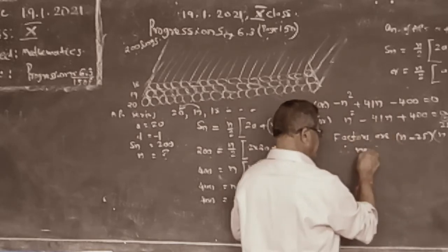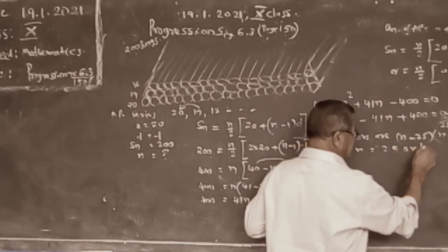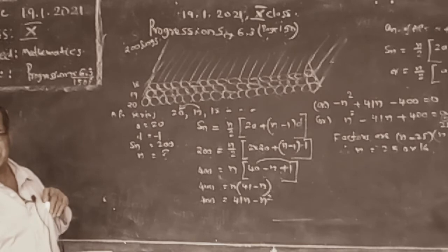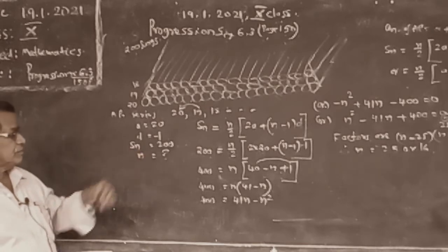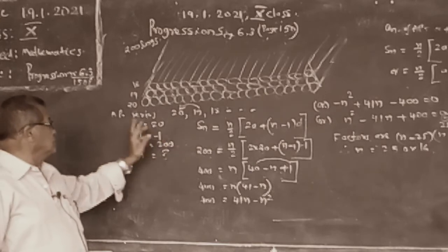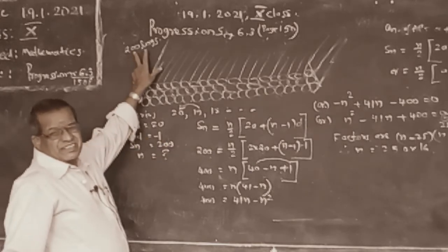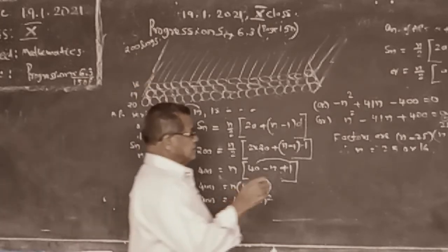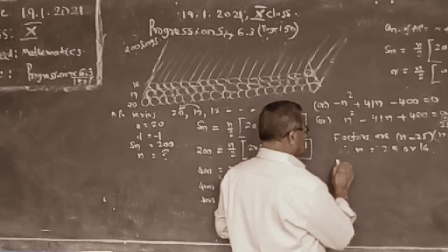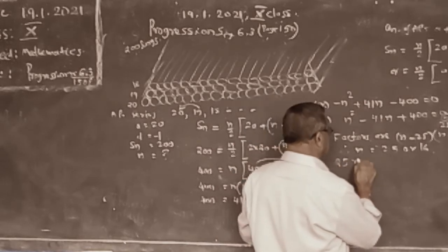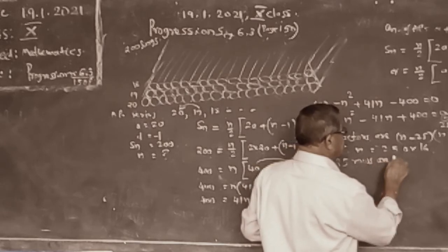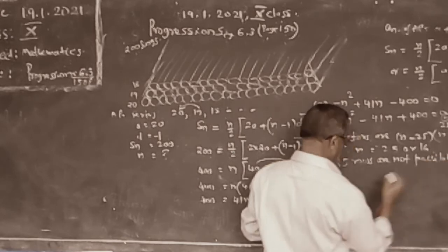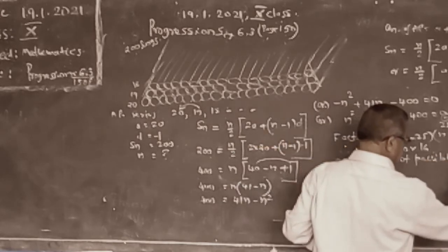Therefore, n is equal to 25 or 16. But it is not satisfying for 25 rows. For 200 logs in total, 200 suffice for 16 rows. So n is equal to 16. 25 rows are not possible for 200 logs.